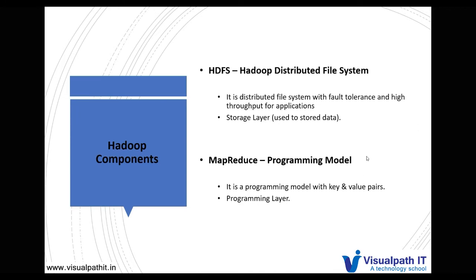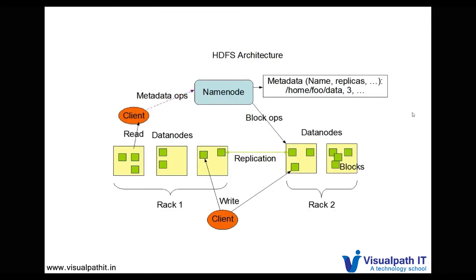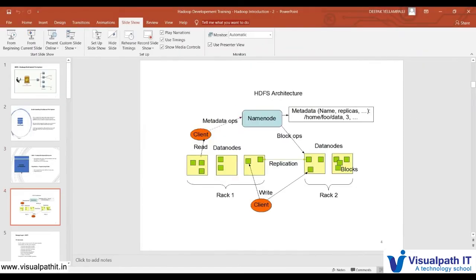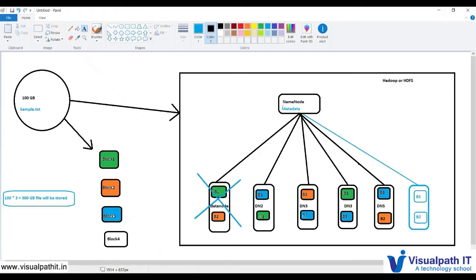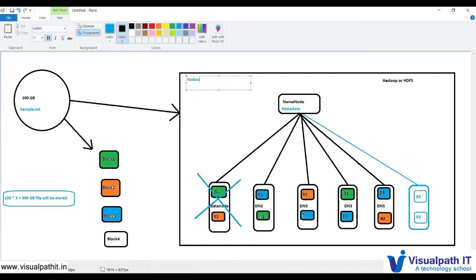Okay, then let us go to the components one by one, components of the storage layer, and also Hadoop 1.x architecture. So this is Hadoop architecture. We have already written here: master node, slave nodes, name node, data node. So name node or master node, we'll call this master slave architecture.